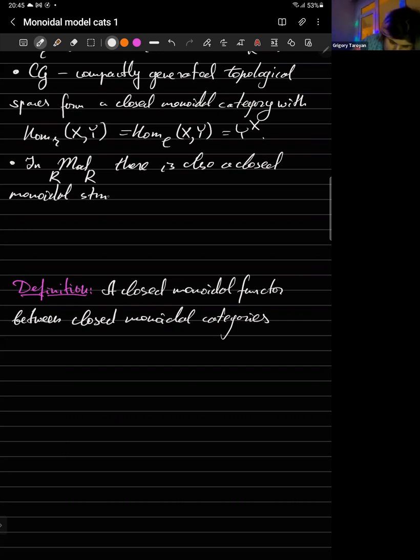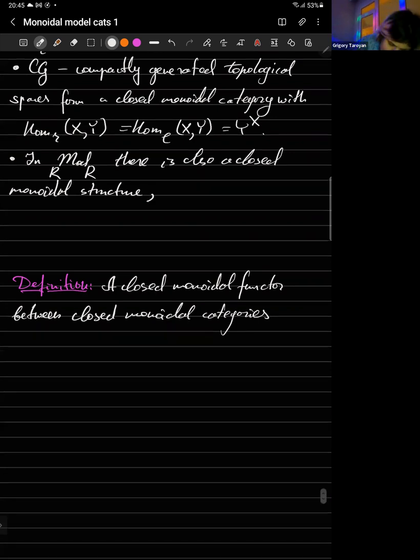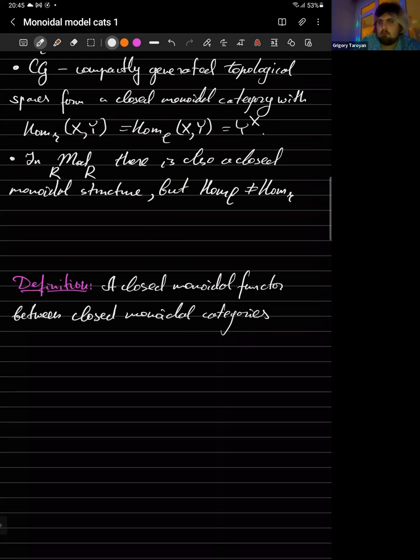So there is a closed monoidal structure in bimodules of a non-commutative ring. But here, Hom left and Hom right are different, although I don't understand why, or I don't even understand how these Hom spaces, Hom modules should look like.